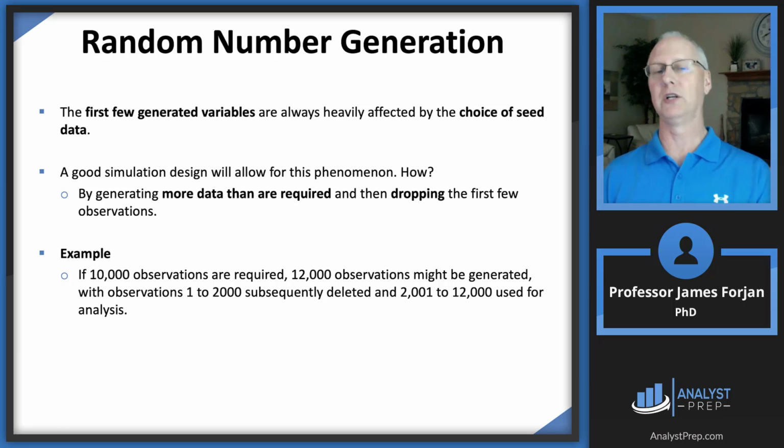Now, how does a good simulation design allow for this phenomenon? By generating more data than are required and then just dropping those first few, right? So if you've got 12,000 of them, you can eliminate or reduce the effect of that choice of seed by just ignoring the first 1,000 or 2,000 or however many you think.